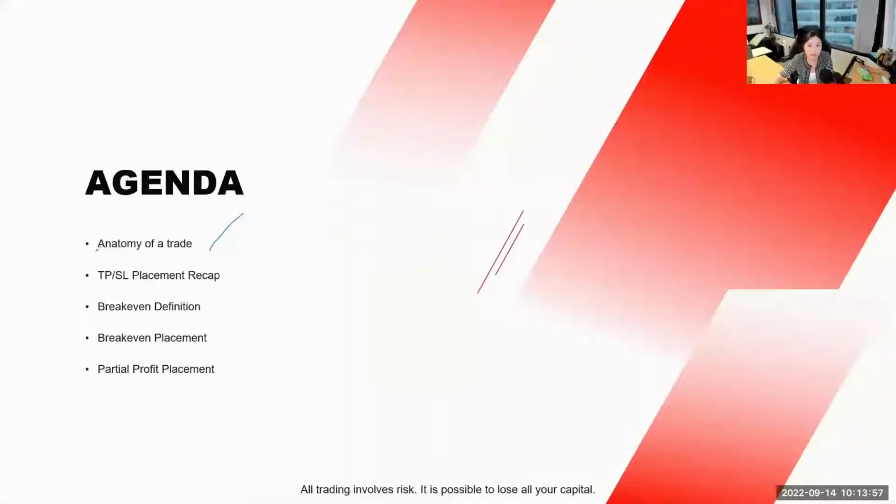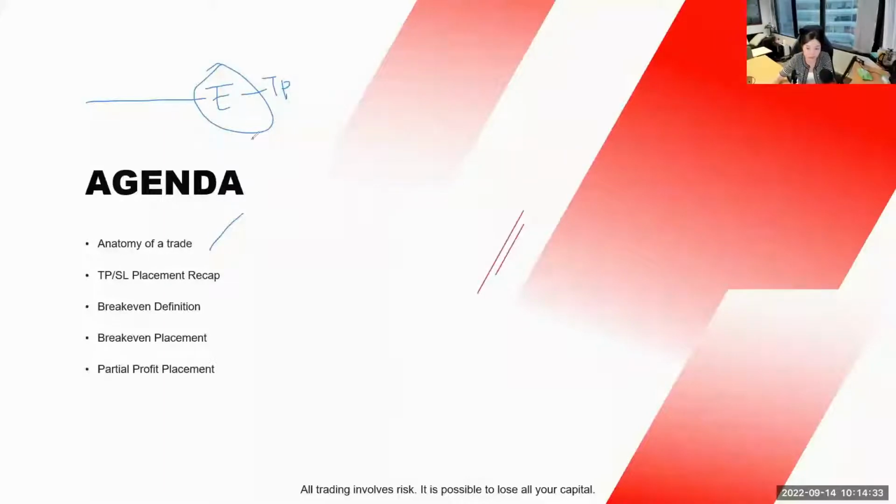Okay, so agenda for today, I'll start off with anatomy of trade for those who missed my previous session. Anatomy of trade means it's not just your entry and your take profit, right? Before your entry, during your trade, and before your take profit, there are a lot of other steps that are essential and as important as your entry itself, because most of us only focus on the entry part.